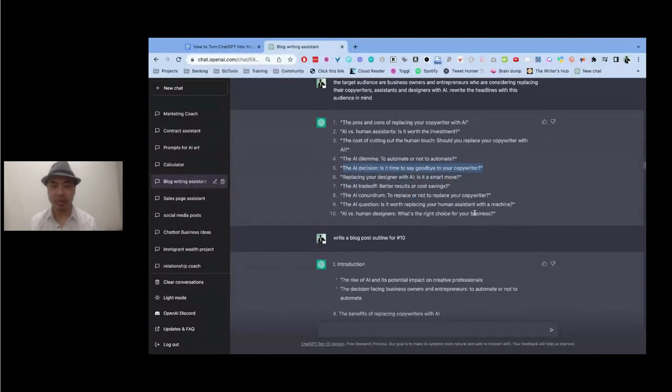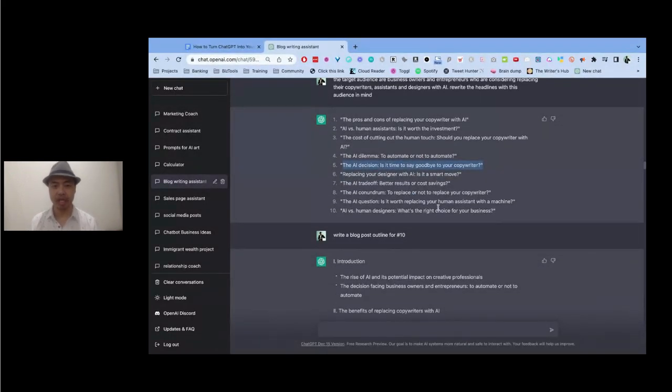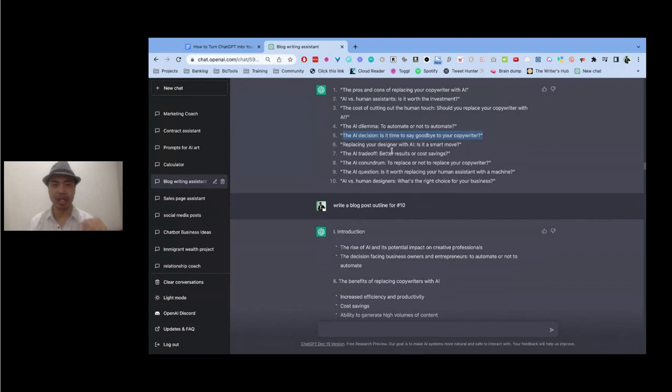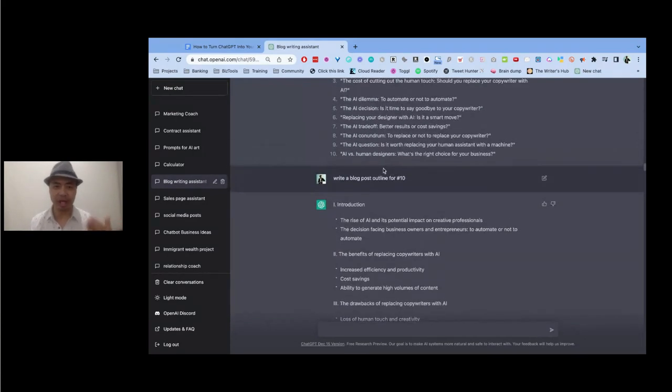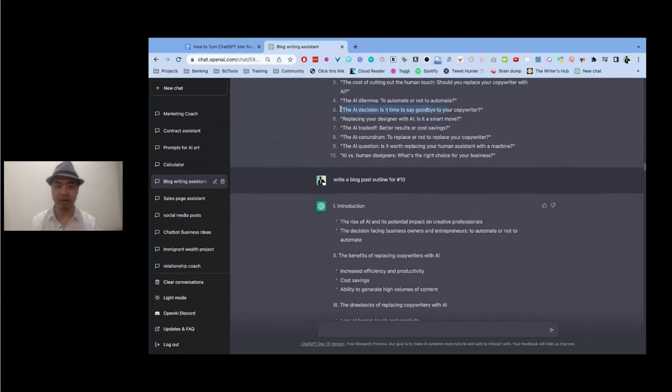Okay. And then the next prompt was to actually ask ChatGPT to write a blog post outline for this blog post. So the prompt is write a blog post outline for number X, and in this case I chose number 10, but I didn't like the output, and I then decided I actually like headline number 5 better.